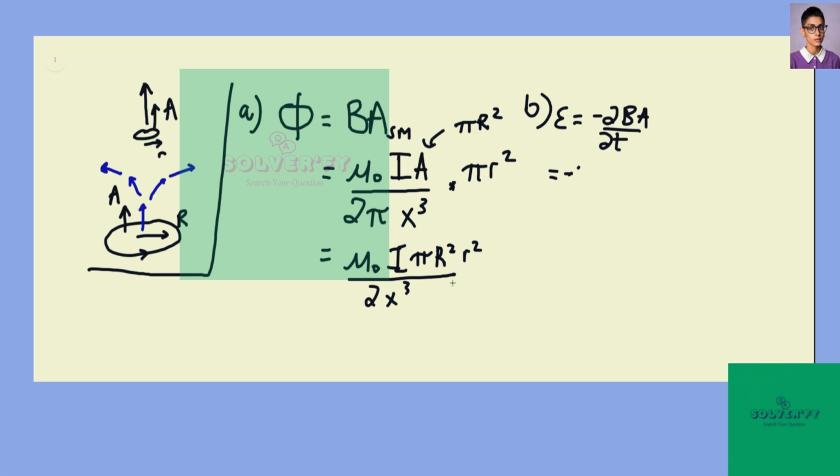So it's going to be minus d by dt of this. The only thing that depends on time is x, implicitly.